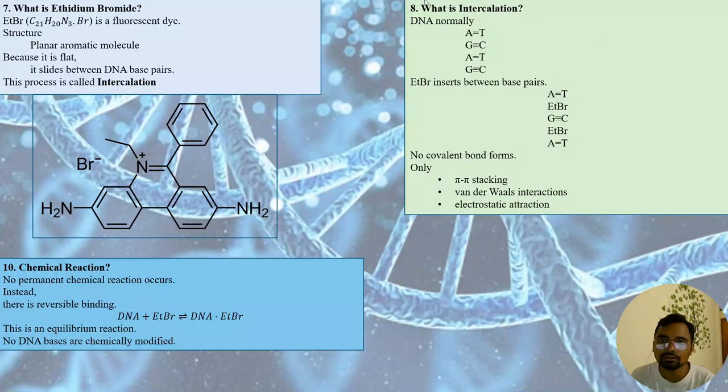Here is the normal DNA with AT and GC, and the ethidium bromide intercalates between them, held by pi stacking, van der Waals and electrostatic interactions. So DNA plus EtBr forms a complex in an equilibrium reaction.